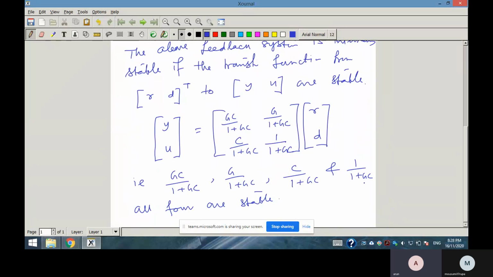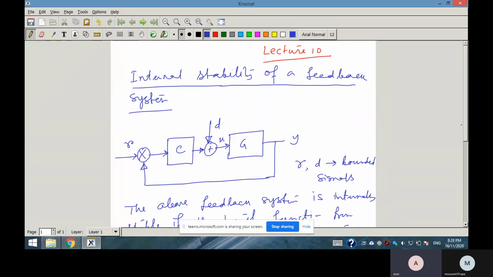If you think that the reference input to output transfer function is stable, that your system is internally stable, or if you think that D to Y is stable, then my feedback system will be well behaved, it is not like that.